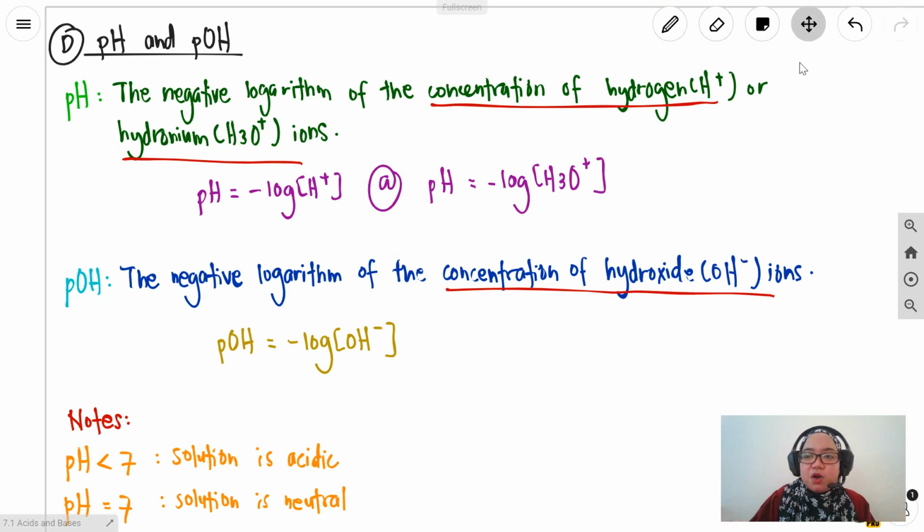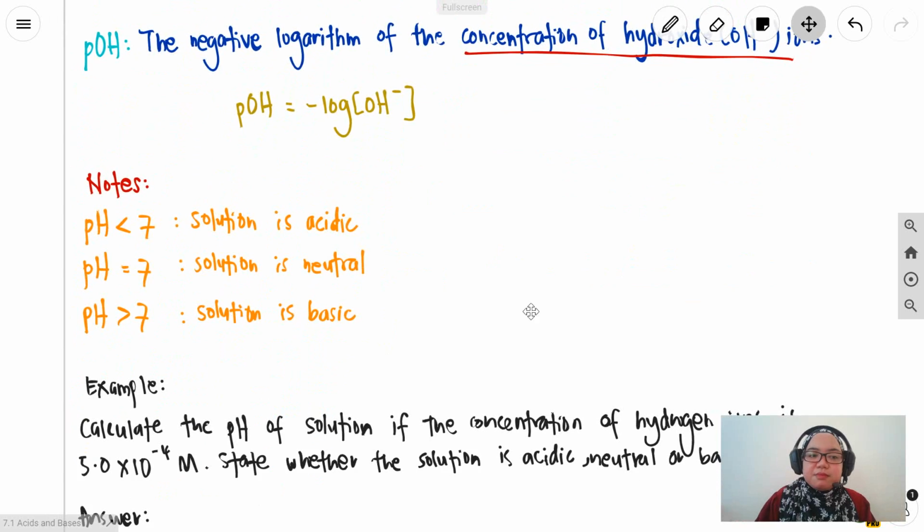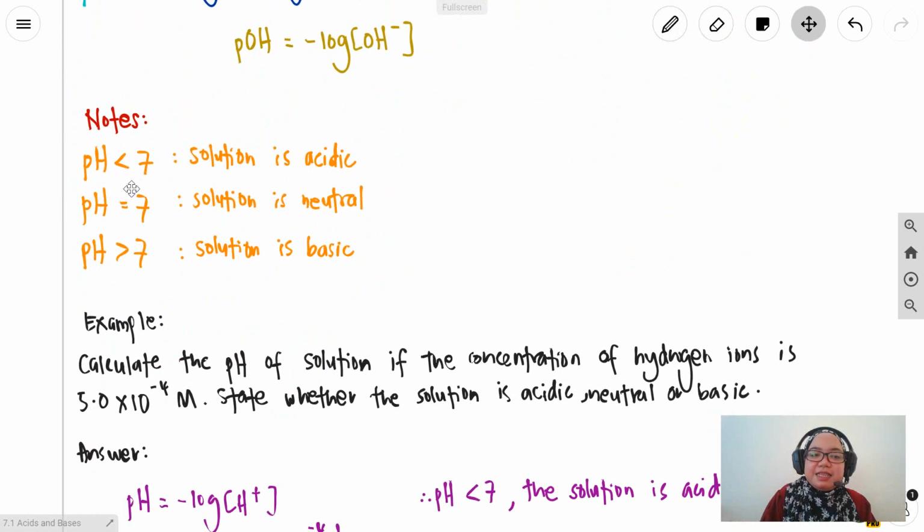Note here that if the pH is less than 7, then the solution is acidic. If the pH equals 7, then the solution is neutral. And if the solution has a pH of more than 7, then the solution is basic.